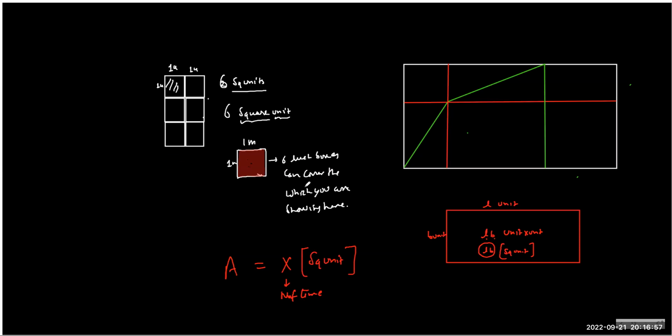So the length and width will give you the idea of how many times. When you say L into B, you actually tell me the times. Are you clear with this idea? Yes, sir. Okay. So how many areas do you know? The answer is just one.